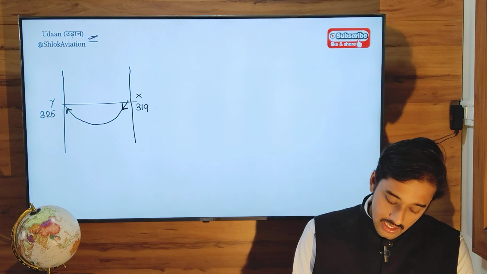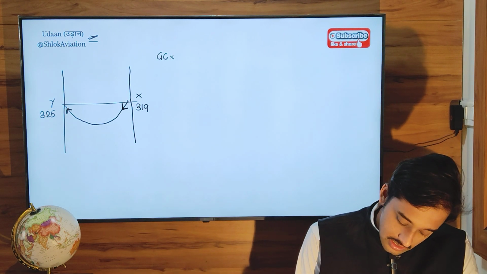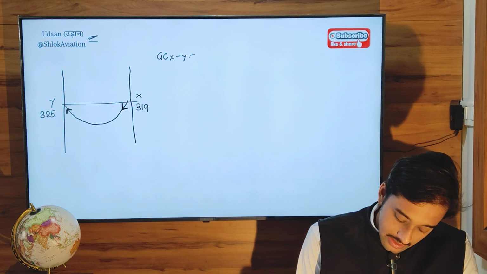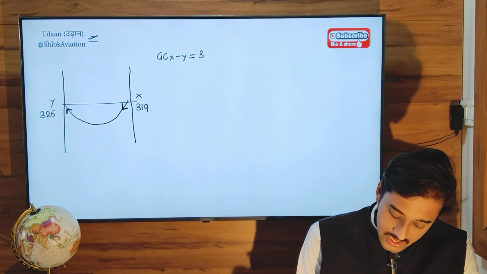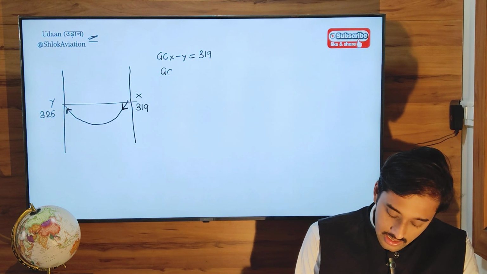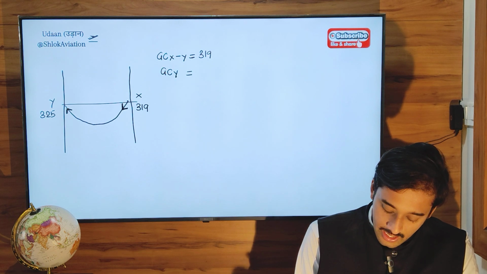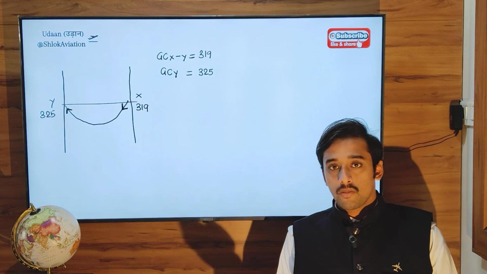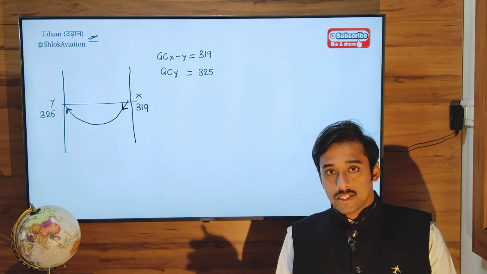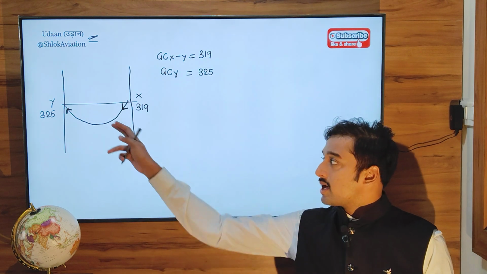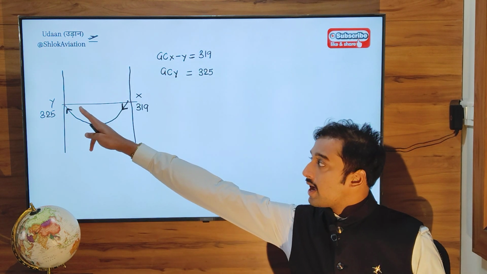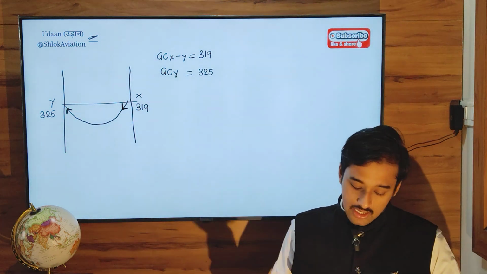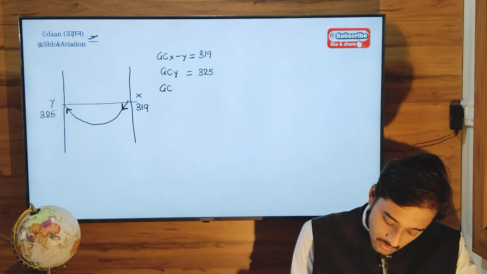So great circle track at X, that is X to Y, will be 319, as given in the question. Great circle track at Y, when you reach Y, it becomes 325. Now when you land at Y, you will drop the passengers there, pick up new passengers, refuel your plane, and then again you will turn back and fly Y to X. So great circle Y to X is how much?